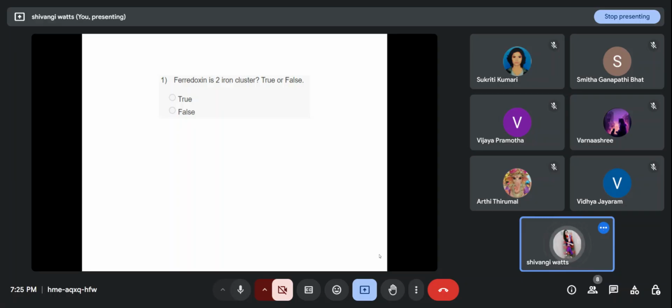There are various types of iron sulfur clusters: rubredoxin, ferredoxin, and various cubane-like structures. They are asking whether there are two irons in ferredoxin. So what is the formula for ferredoxin?